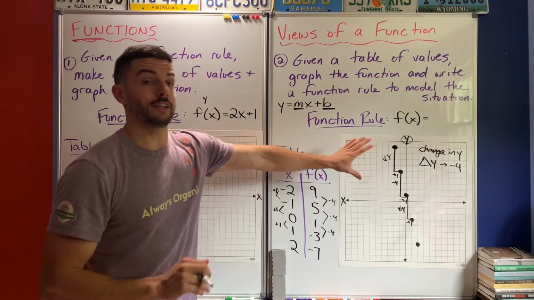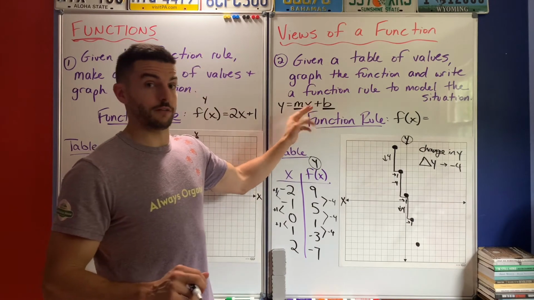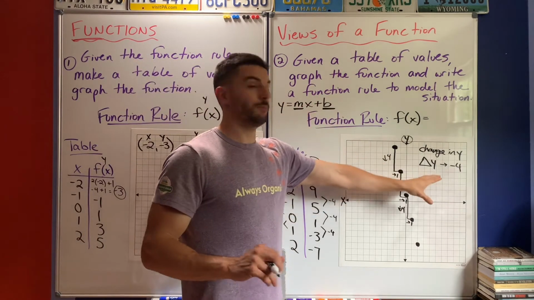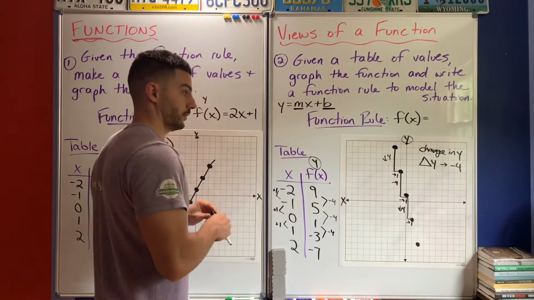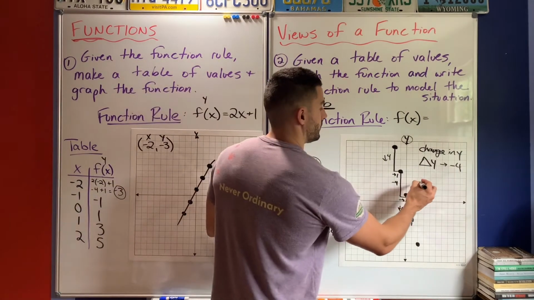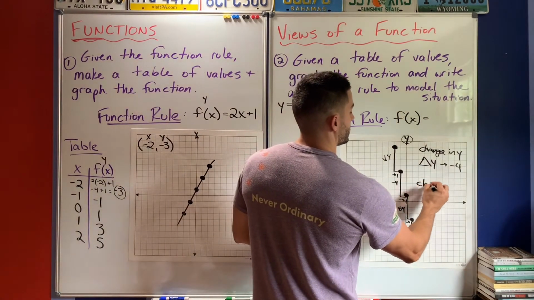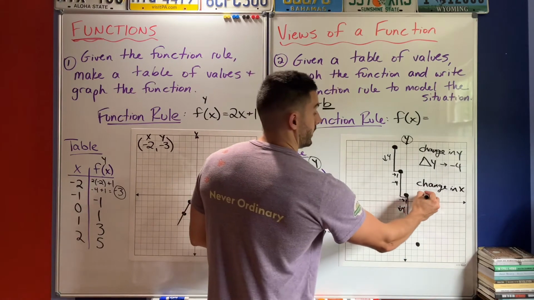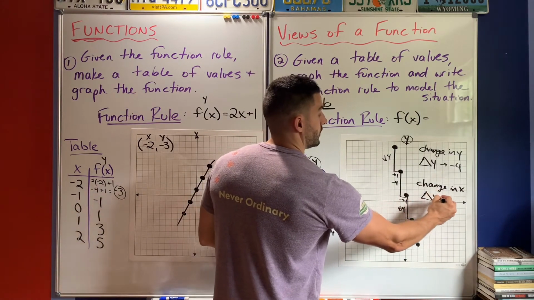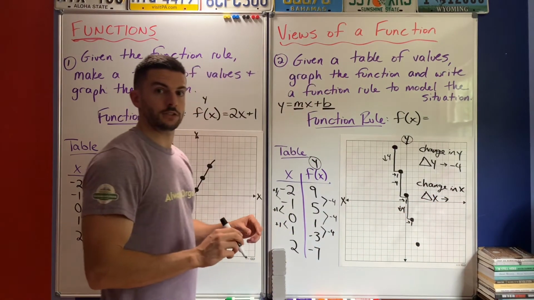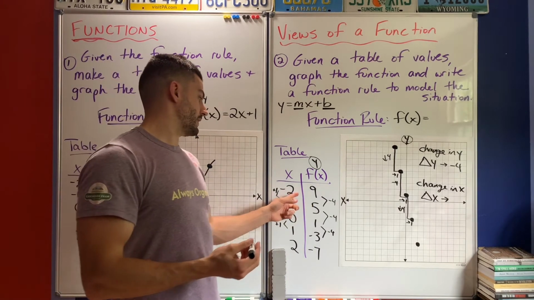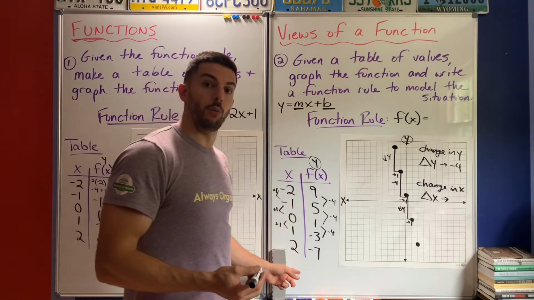Okay. And again, I'm going to tie this into the equation. That's what we're working for, getting this function rule, but we need to know all of this to be able to do that. Similarly, I have a change in x as well, or again, delta x. What's my change in x? From the table, my change in x is that it's increasing by 1.